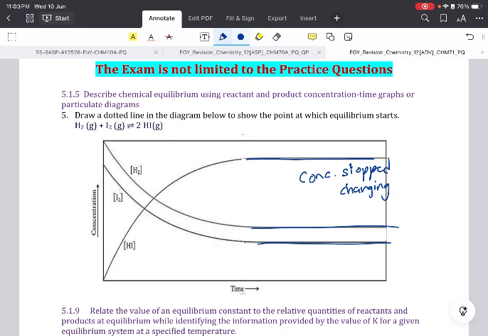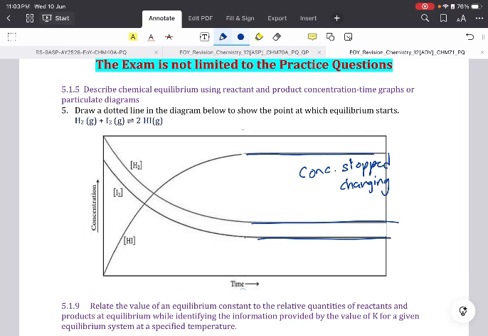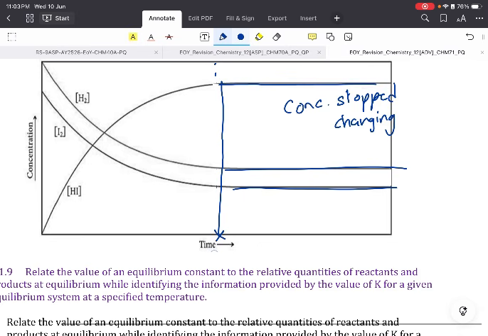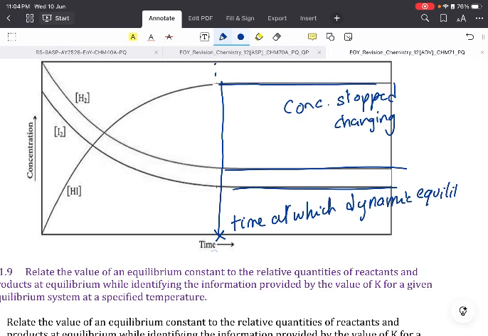So we take the first moment where these lines became equal, and that is over, I think it's almost over here. So this is the time at which dynamic equilibrium started.